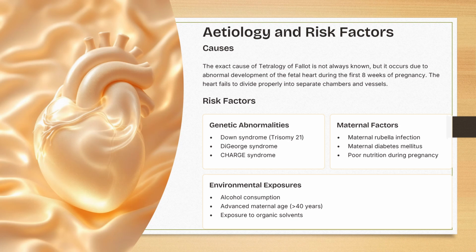Then the second factor is maternal factors. Maternal rubella infection, diabetes mellitus of the mother, and poor nutrition during pregnancy can cause TOF. And environmental exposure like alcohol consumption of the mother during the antenatal period, advanced maternal age more than 40 years, exposure to organic solvents. So these are some of the risk factors, otherwise we can say etiology, of the TOF.